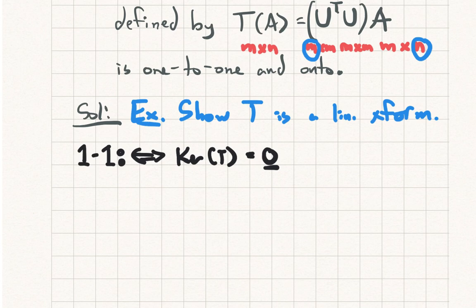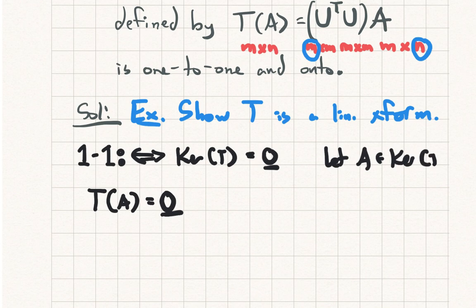So let's set that up, and then let's see if you guys can do this yourselves. So we want something where T of A is the zero vector. So we want to let A be in the kernel of T. So that means that T of A is the zero vector.